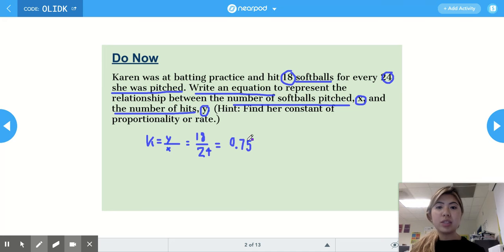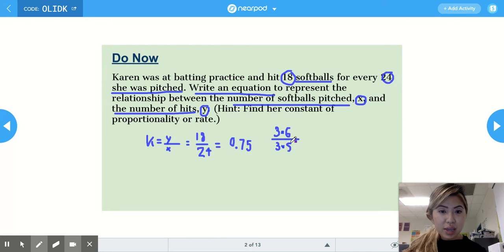And if we wanted to, we can actually simplify this fraction, 18 over 24, by listing out the factors first and then identifying the common factors. So the factors of 18 are 3 times 6, and the factors of 24 are 3 times 8. So the common factor that they have is 3, but we can also list out the factors of 6 and 8 since they're not prime numbers.